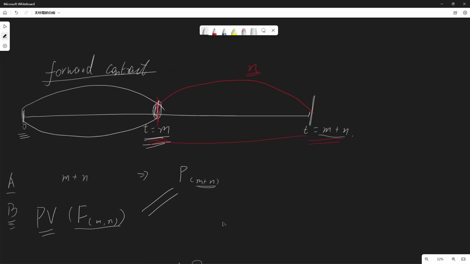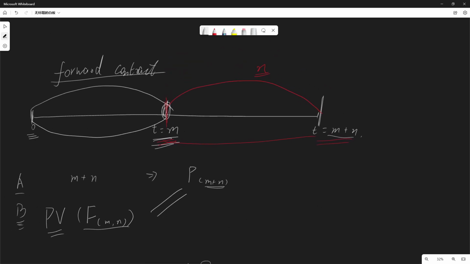So let's rearrange that, shall we? Because we got the equation P m plus n equals the present value of the forward contract m n, we can get the formula, and because the present value can also be written with the discount factor.